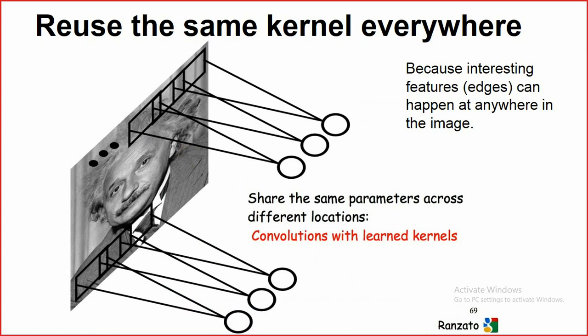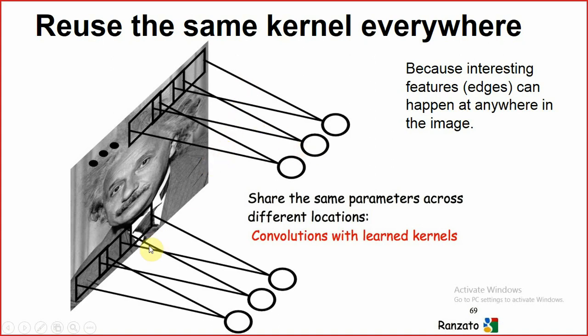Reuse the same kernel everywhere. Since we are interested to find some type of the features in the image, and we don't know where that specific feature is in the image, we can apply the same weights, or same filters, everywhere. So this neuron is connected to this part of the image, and the weight of these neurons is completely the same as the next one.